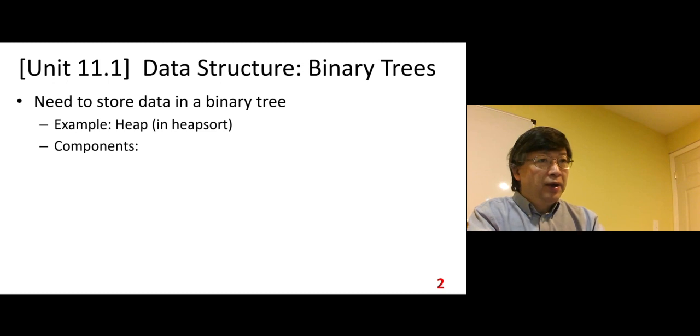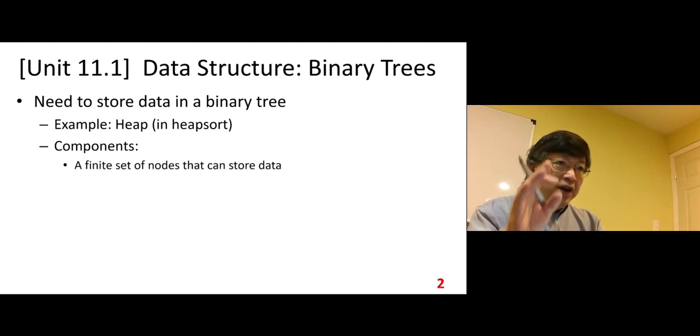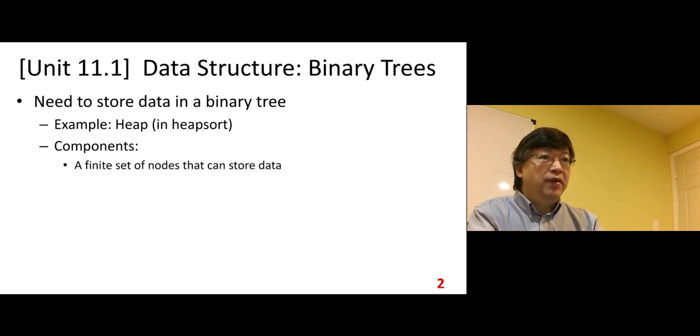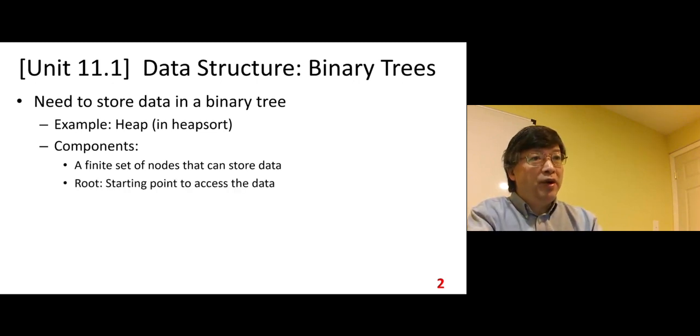All right. Components in a typical, general binary tree: a finite set of nodes that can store data. We store data in nodes. Finite, not infinite. That's simple. Root, that's the starting point to access data.